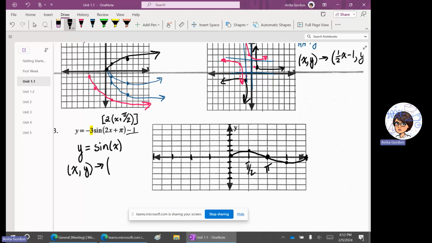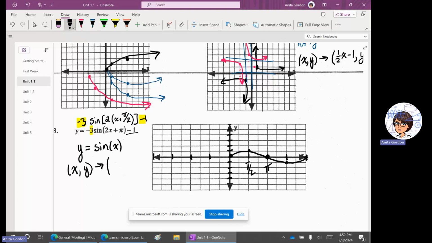You always want to have a factor on here, okay? And then all the stuff on the outside stays where it is, no problems there. Okay, so the 2 tells me I have a horizontal compression by 2, so I'm squeezing it in, and I'm shifting it to the left pi by 2. The outside numbers tell me I am flipping it and stretching it by 3 and then shifting it down 1.